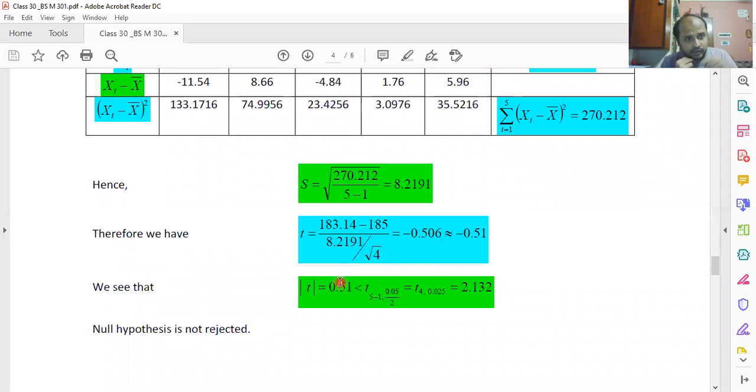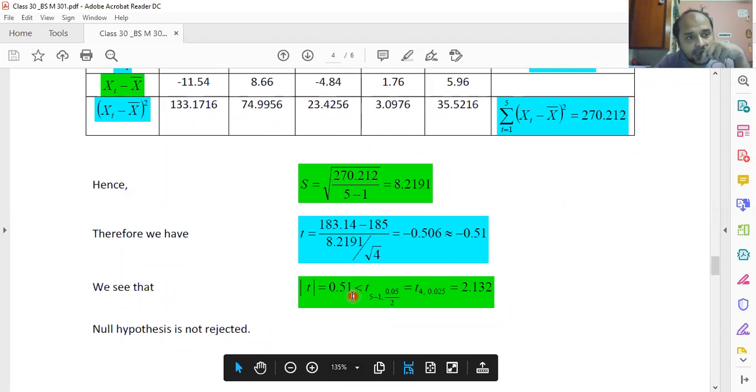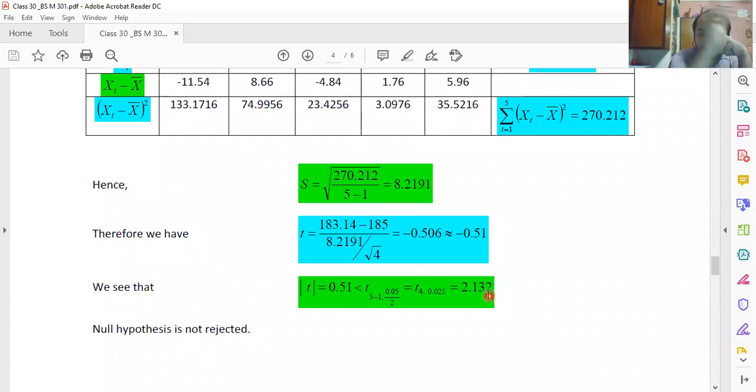And as per the rule given above, the absolute value of this quantity, that is minus 0.51, you can take the help of the statistical table, will be less than the tabulated value, which is 2.132. In the statistical table, you will find that in the leftmost column, various values of degrees of freedom are given, starting from 1 up to 30.